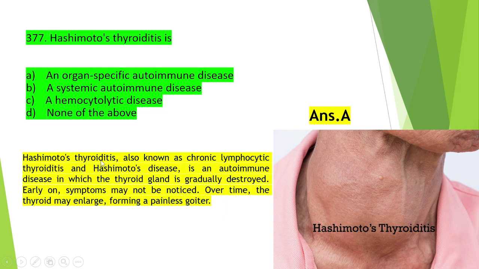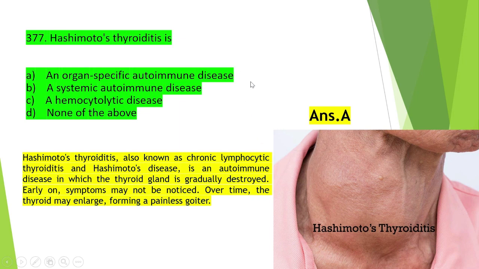Hashimoto's thyroiditis, also known as chronic lymphocytic thyroiditis, is an autoimmune disease in which the thyroid gland is gradually destroyed. Early on, symptoms may not be noticed. Over time, the thyroid may enlarge, forming a painless goiter like this.